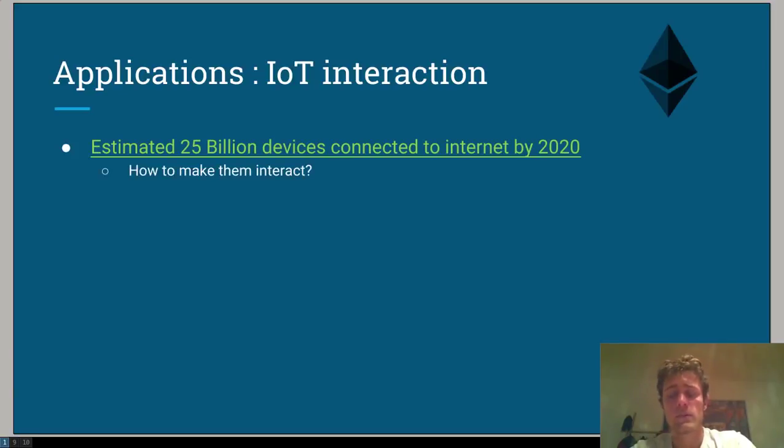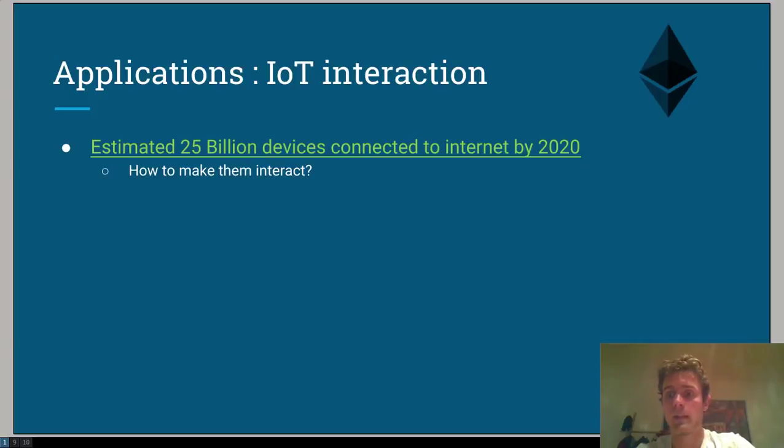Especially, you might need them to interact. If it's only Sony that needs to update a television, that might be okay. But if you want your water boiler to be in some fashion linked to your mobile phone, which might be linked to maybe your lights, that's already possible.